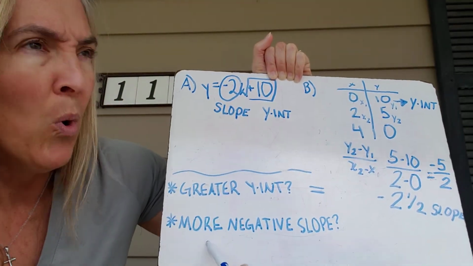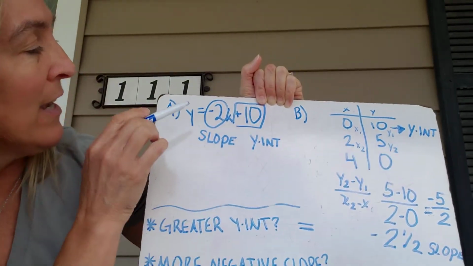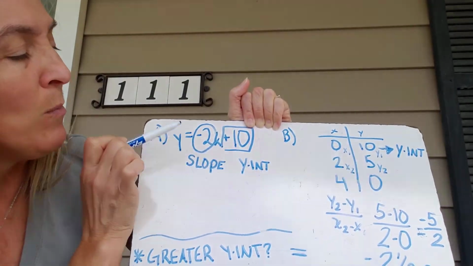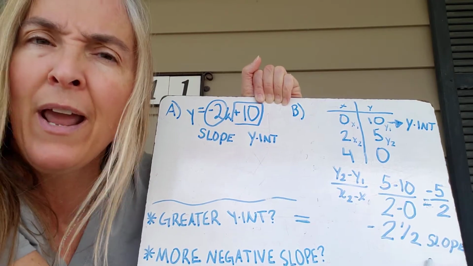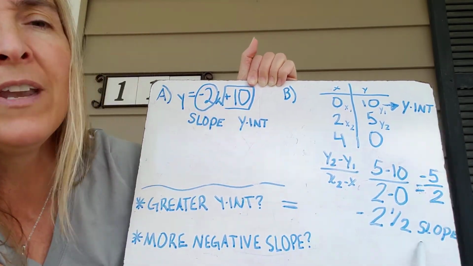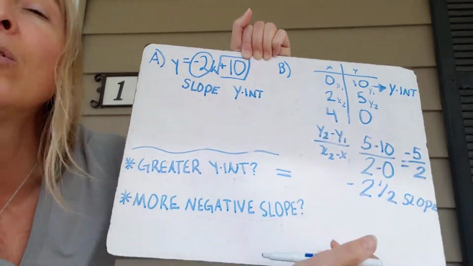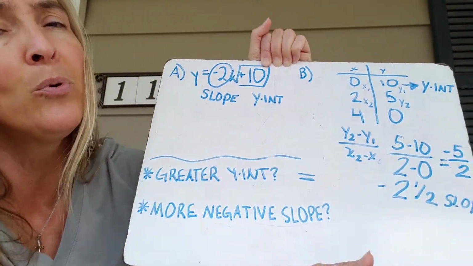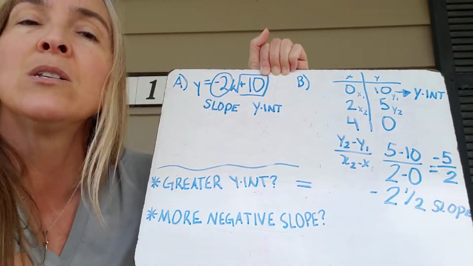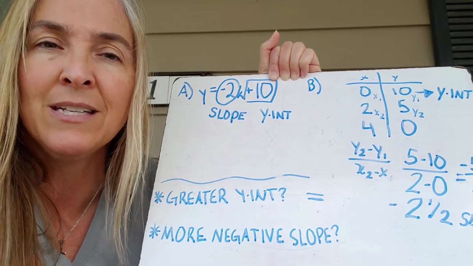Which one is more negative? Is the -2 more negative or the -2.5 more negative? Well, the -2.5 is more negative. So you would either mark table or you would mark the -2.5. And I'm pretty sure it's the description, so I think you would put that as the table.